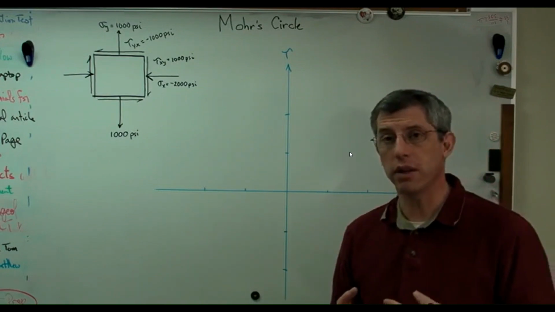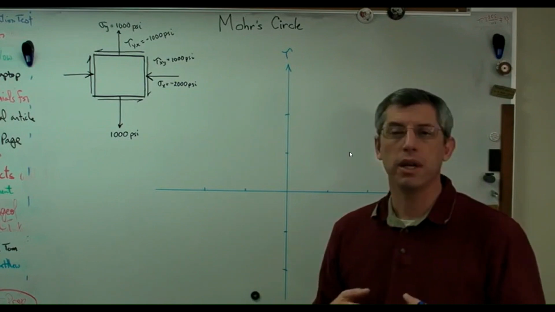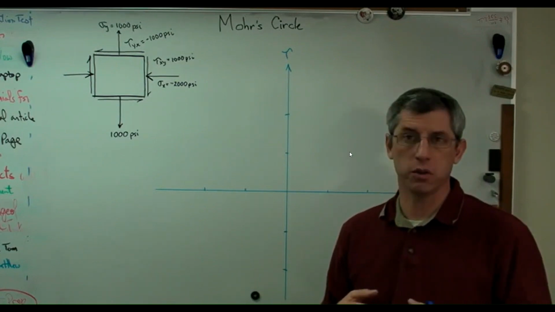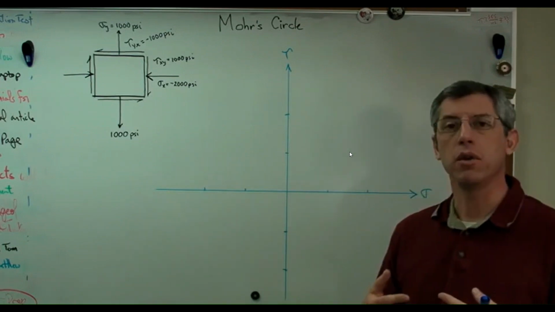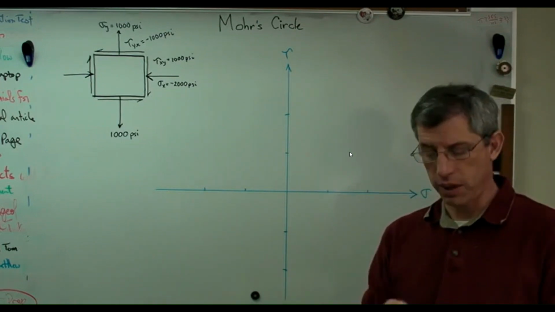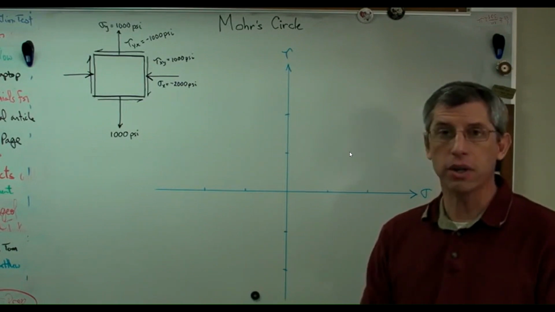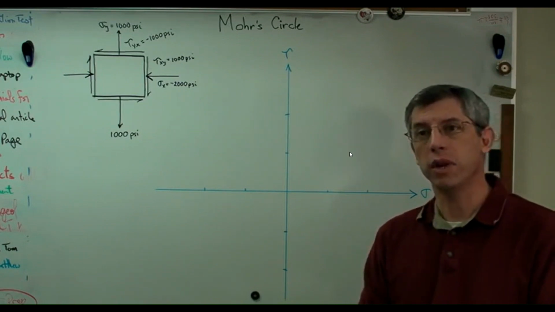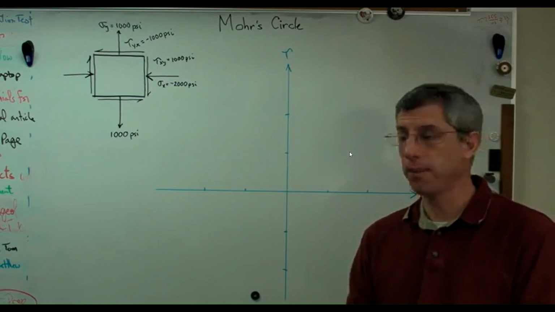There's no reason to think that the coordinate system we pick just for convenience is the one along which the stresses will be a maximum or a minimum. That's where Mohr's circle comes in. If you know sigma x, sigma y, and tau xy on any coordinate system that you pick, you can transform that and find out what the maximum and minimum stresses are.